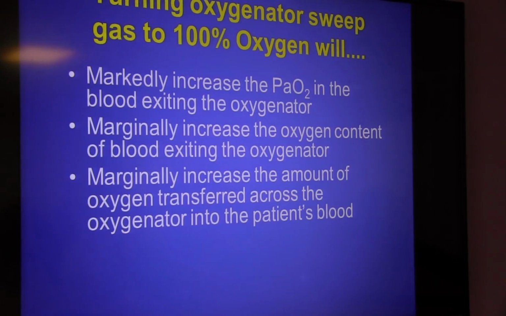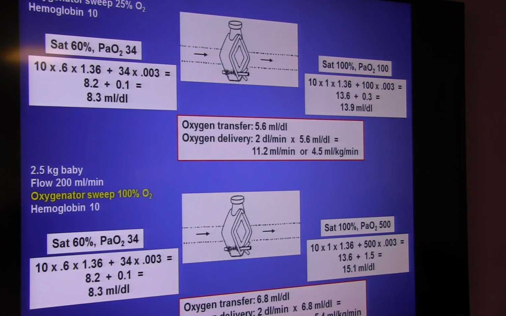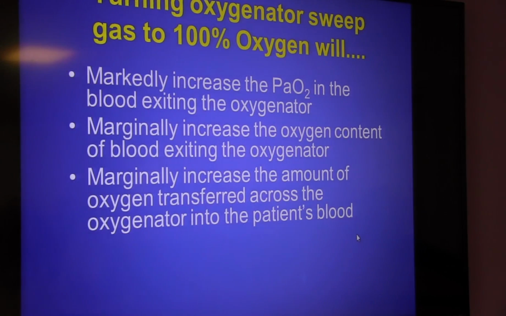So not a huge difference. And if you notice, the PaO2 in your post-oxygenator gas was 500. So what you've done is you've markedly increased your PaO2 in your blood exiting the oxygenator. You've marginally increased your oxygen content, and you've marginally increased the amount of oxygen transferred across the oxygenator into the patient's blood. So you've made some difference, but not a huge difference.